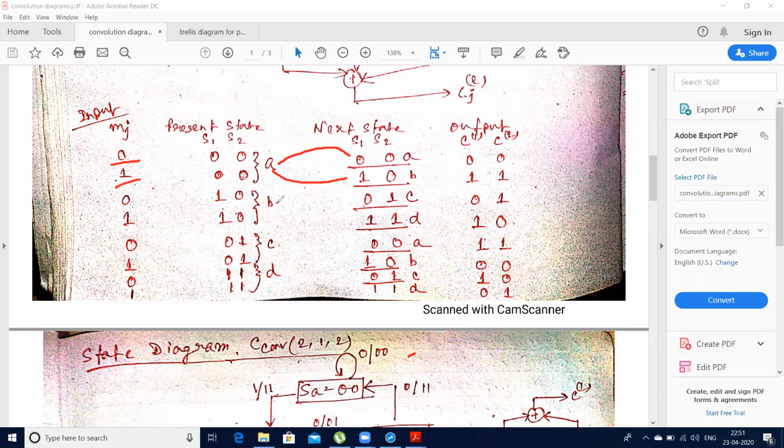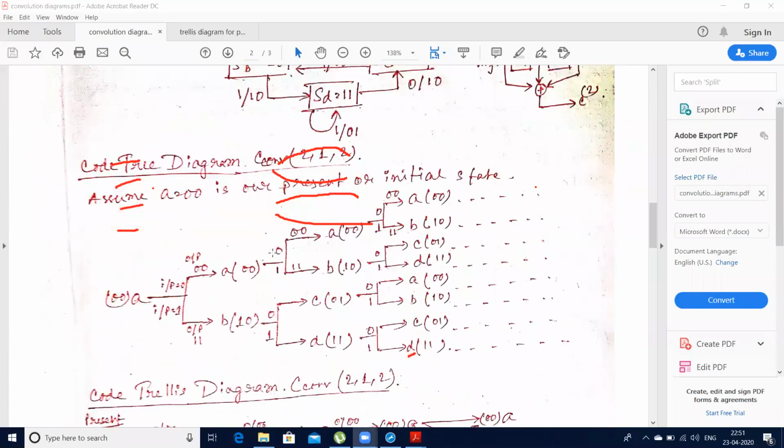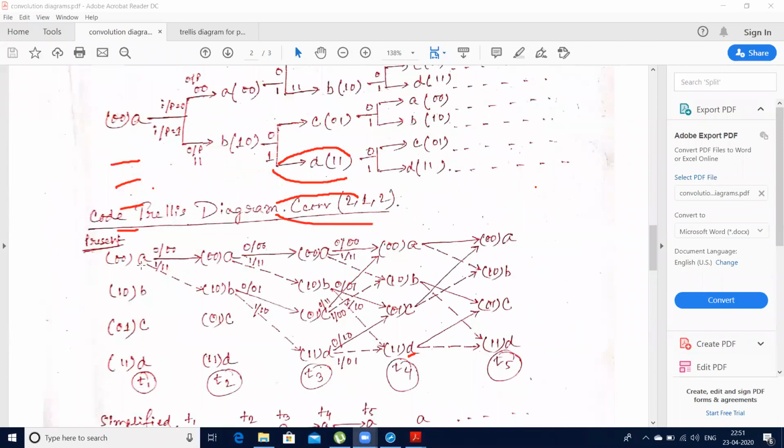From B, the possible transition is to C when the input is 0, and when I'm giving input as 1, B will be transferred to D. If you follow that, here also from A, when I'm giving 0, it converts to A. When I'm giving 1, the dotted line, it converts to B. So from A, the next state is AB.